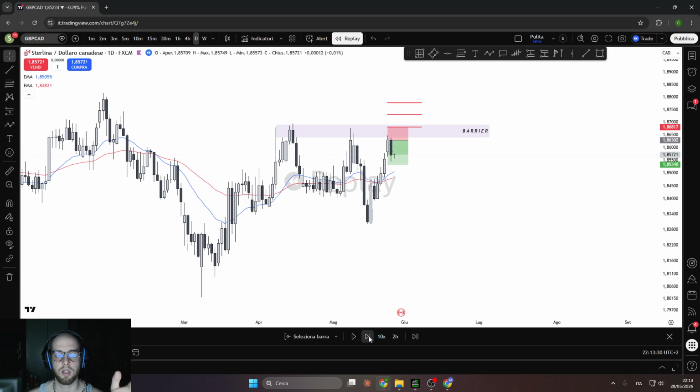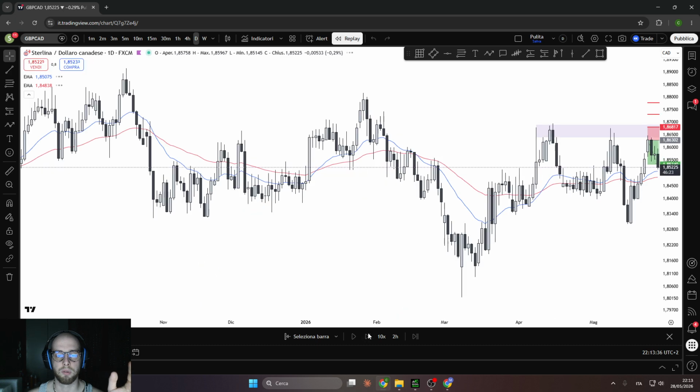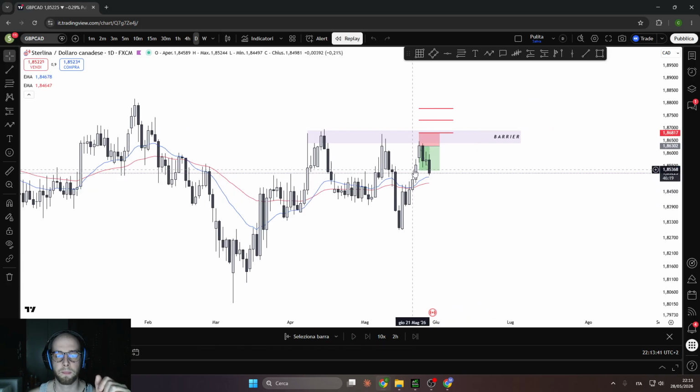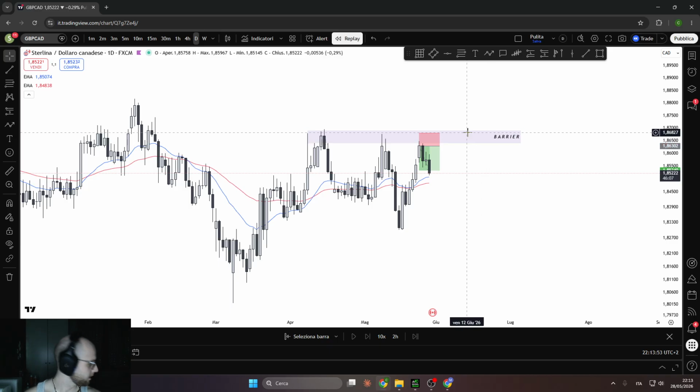It was a bit slow in the beginning, it went down, it went up, but eventually, as you saw before, price just went down and took my profit. As you saw, I wanted to close the trade before the moving averages, but the idea was this. It's so simple, it's crazy. If price expands in one direction, I will take the trade on the opposite side to get the retracement.